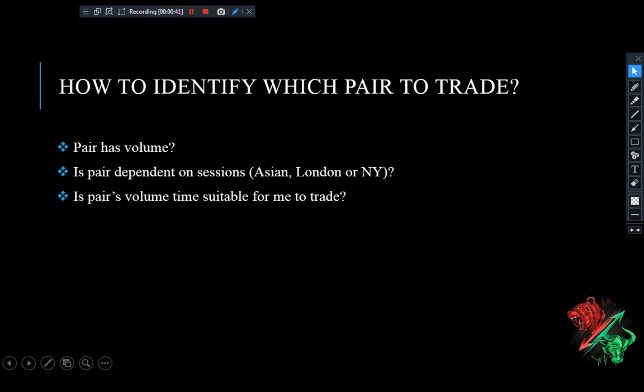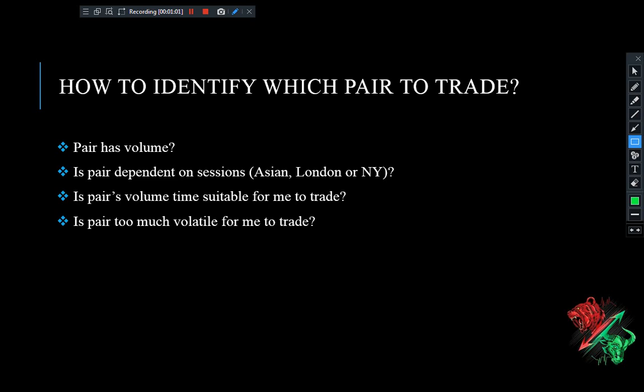So moving on, is the pair too volatile for me to trade? I will separate it into specific things. Too volatile means, is my setup applicable on this specific pair or not?